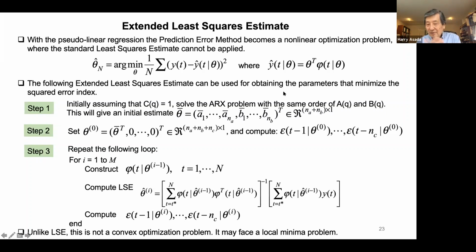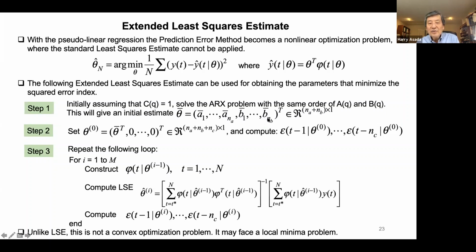That's easy. So let's use those values of A's and B's for the initial set of theta values.